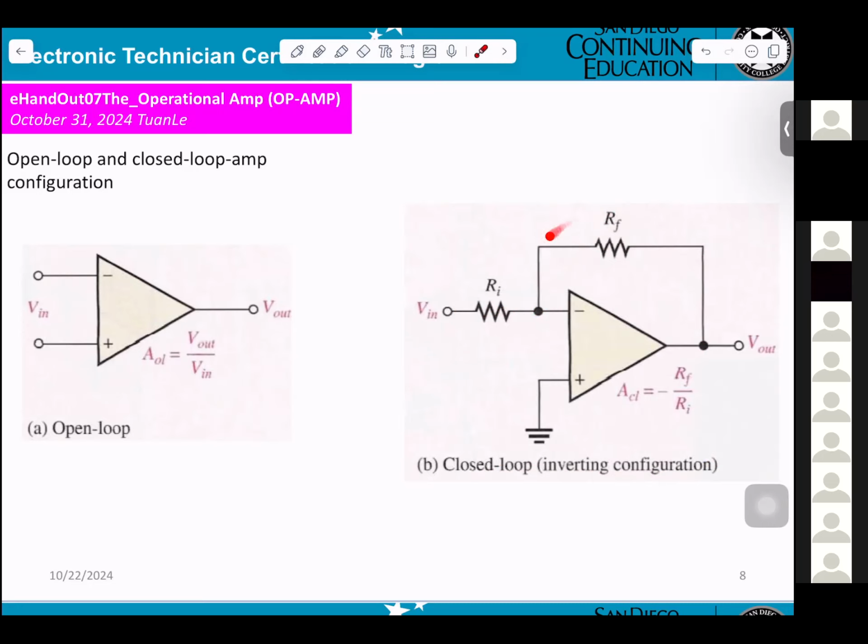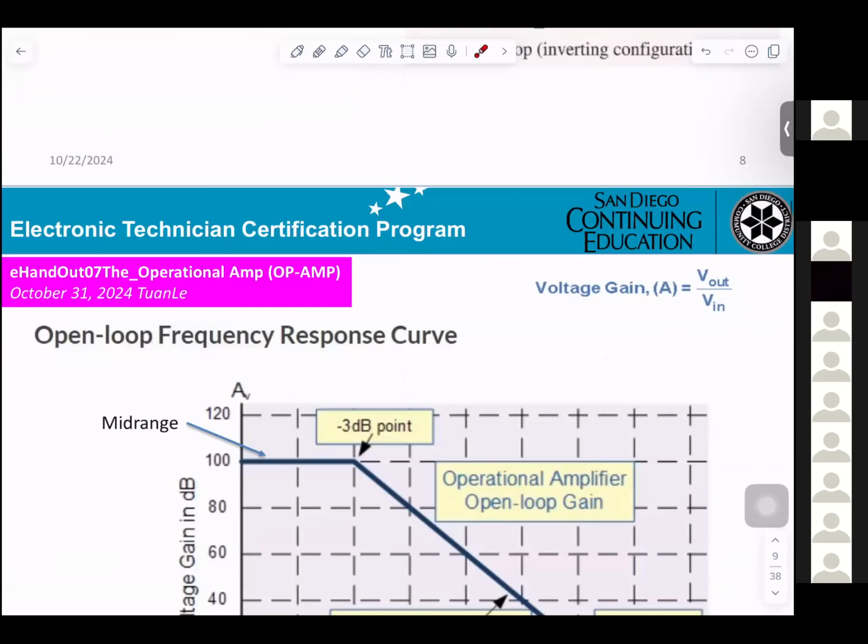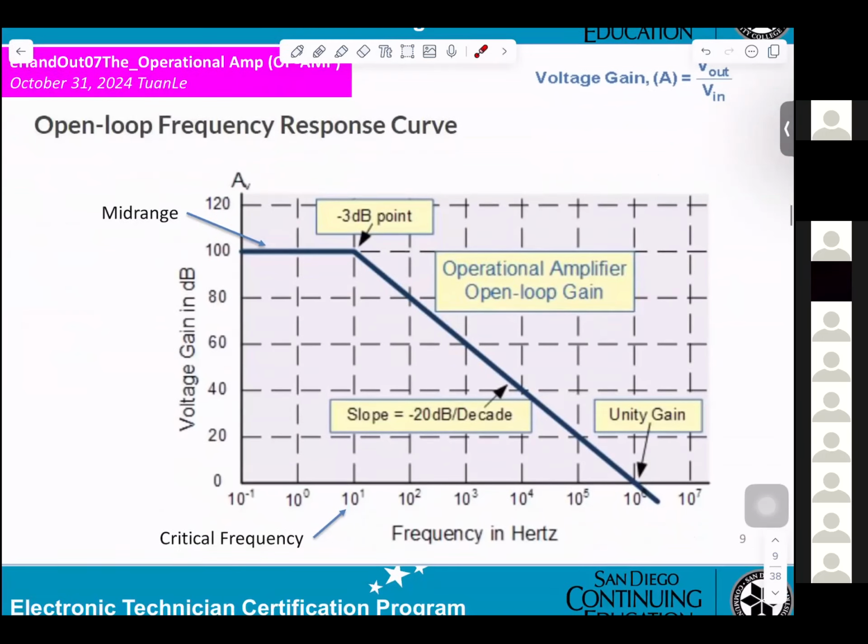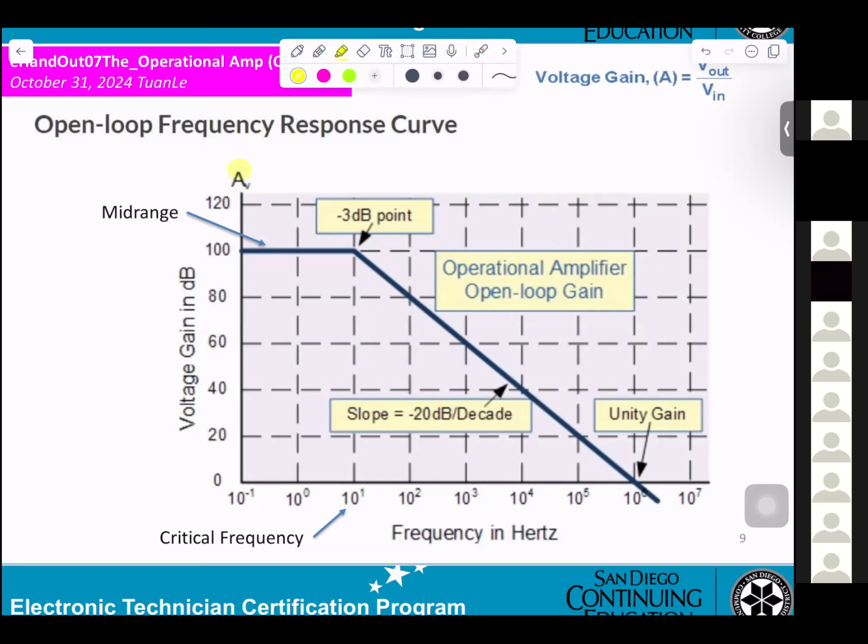That's what they call a closed loop. Now try to understand this one. This stands for gain in dB. Okay, that's what they say here.